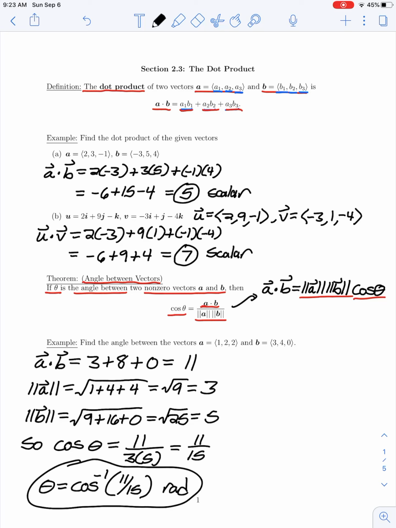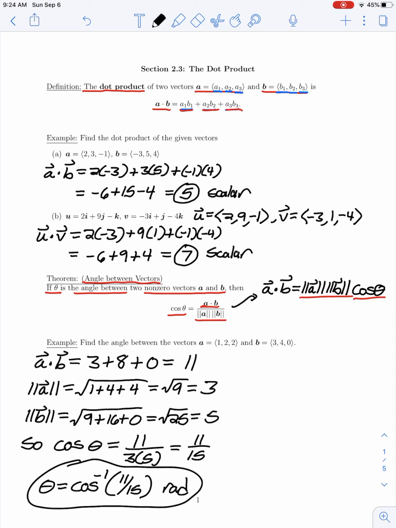Now, if we're interested in determining whether the angle between two vectors is acute, obtuse, or right, we can make use of the dot product alone. Let's say we're given two vectors and we want to know whether the angle between them is acute, obtuse, or right.